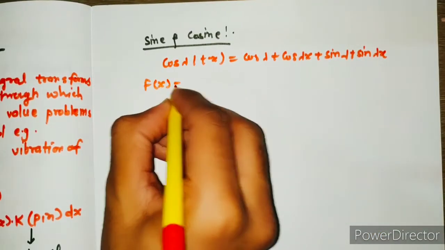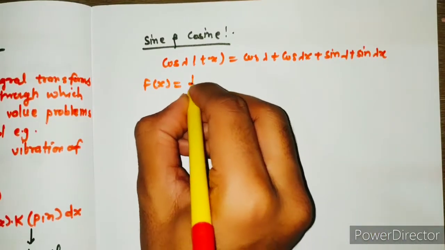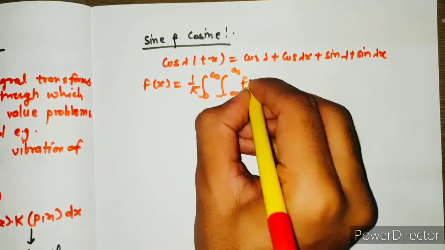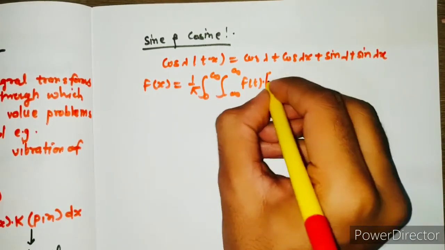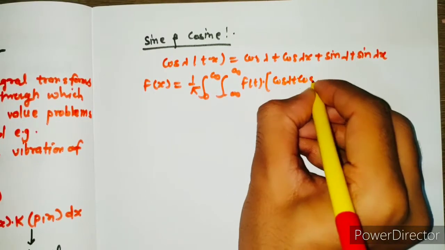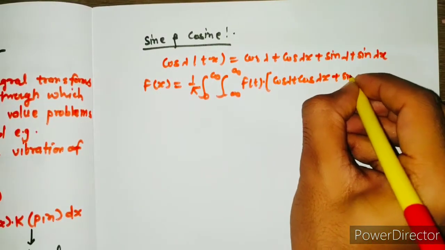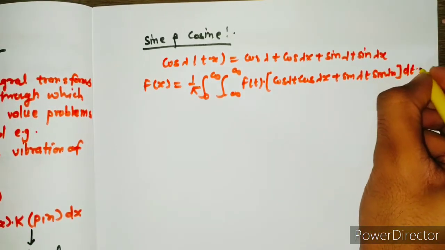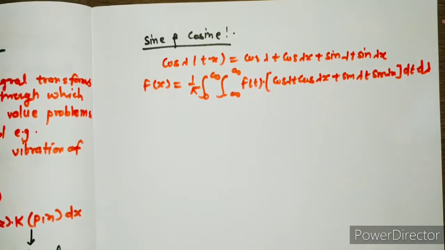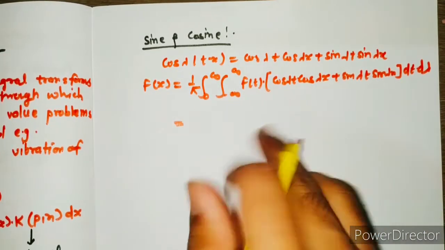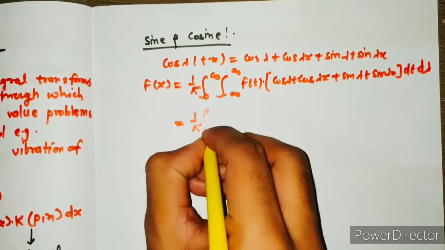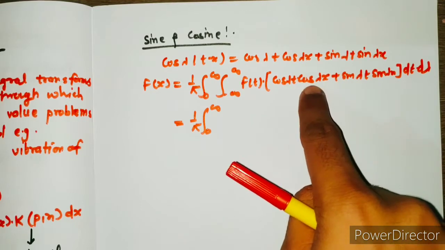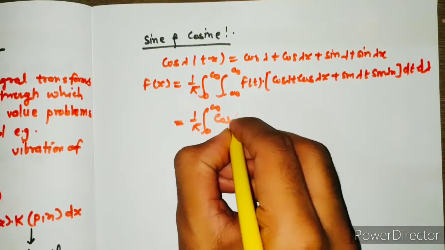Written as f(x), putting in the value, this is 1 upon pi, integral from 0 to infinity, integral from minus infinity to infinity of f(t)[cos lambda t cos lambda x plus sin lambda t sin lambda x] dt d lambda. Here, the function is of t, so consider only t.